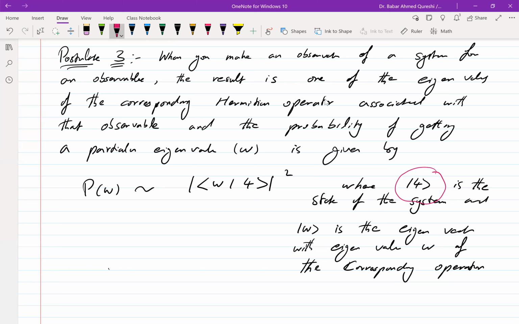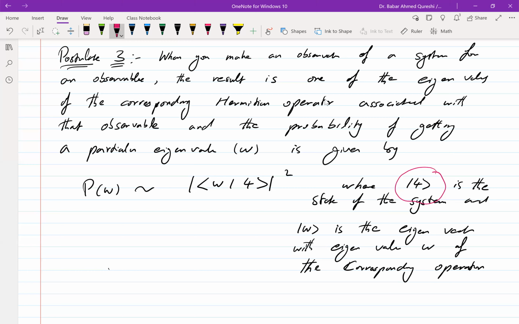Depending on the system, there will be a Hilbert space associated with it, which contains its possible states, which are given by the vectors in that Hilbert space. Its state will be described by a particular vector in the Hilbert space.